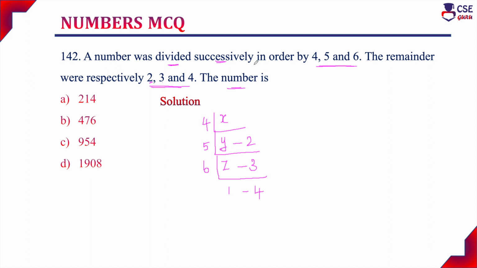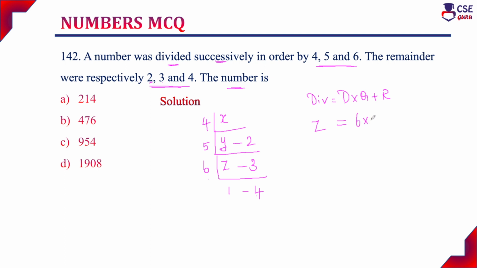Now, we know the formula: dividend is nothing but divisor into quotient plus remainder. So to find the z value, always start from downwards. To find z, that is 6 into 1 plus 4. 6 is the divisor, 1 is the quotient, 4 is the remainder.